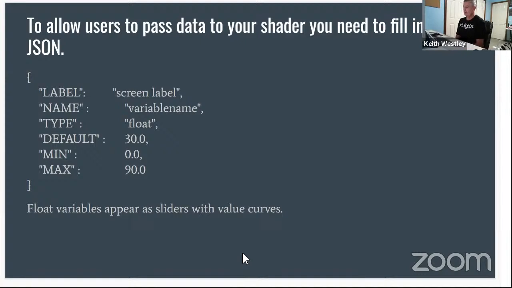The variable name is the name that particular parameter will be referenced by inside the source code, and the label is the name that the variable will have on the screen that the end user will interact with. And I would encourage you to make that a little bit more human understandable as to exactly what that particular variable does, rather than just use the variable name itself.